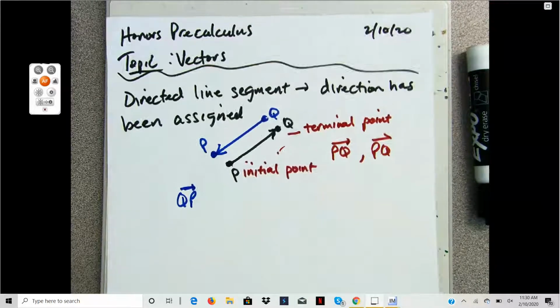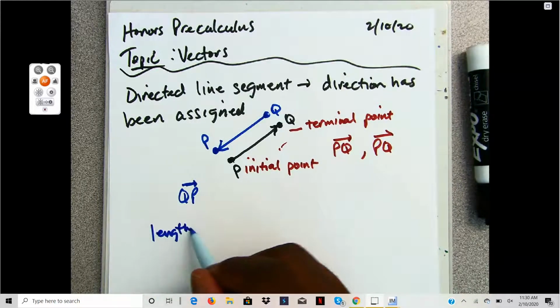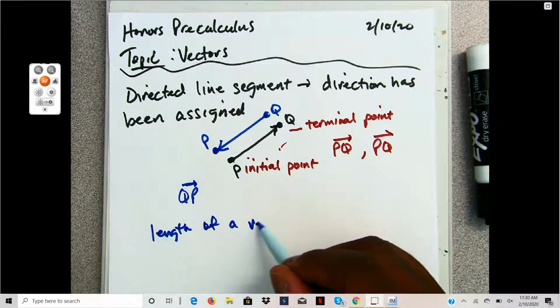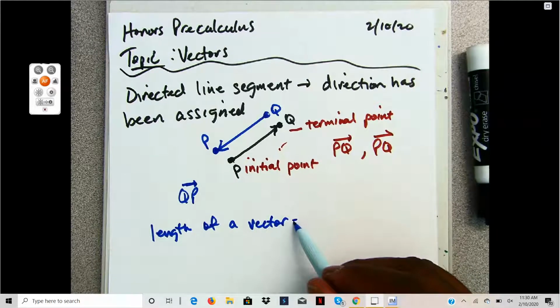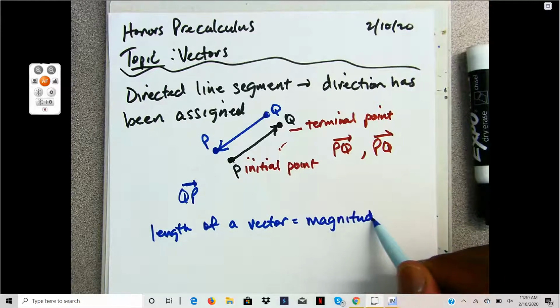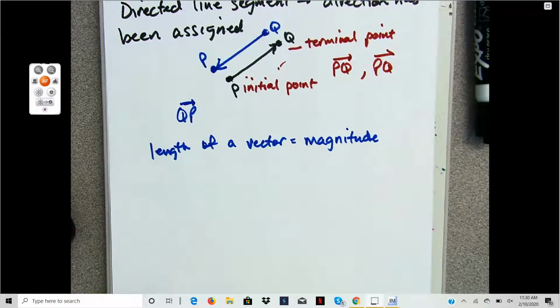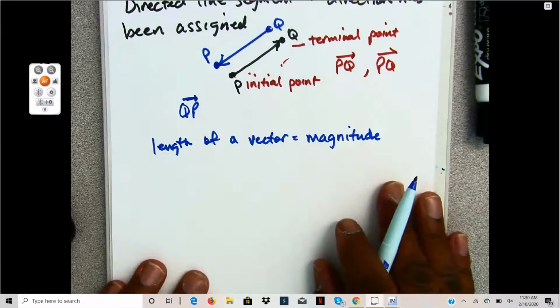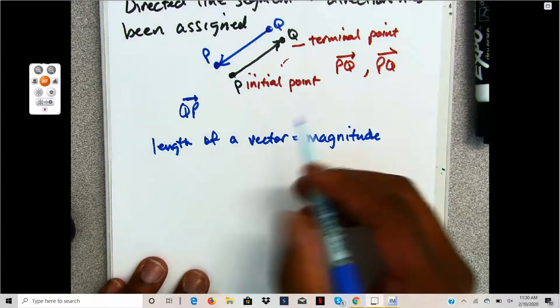Now, the length of a vector is called its magnitude. So the length of the vector is called the magnitude of the vector. The way we symbolize that is with a double absolute value sign.